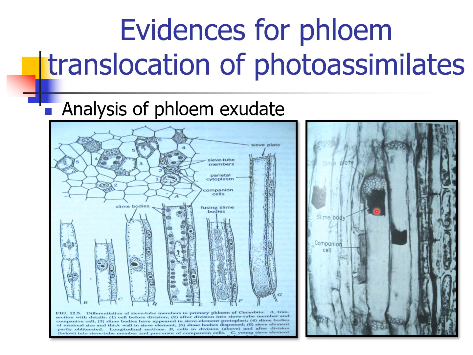The slime plugs aggregate at the sieve plate found at the end walls to seal the wound, followed by wound callus. Thus, the sieve tube elements do not exude their contents, making collection and subsequent analysis difficult.